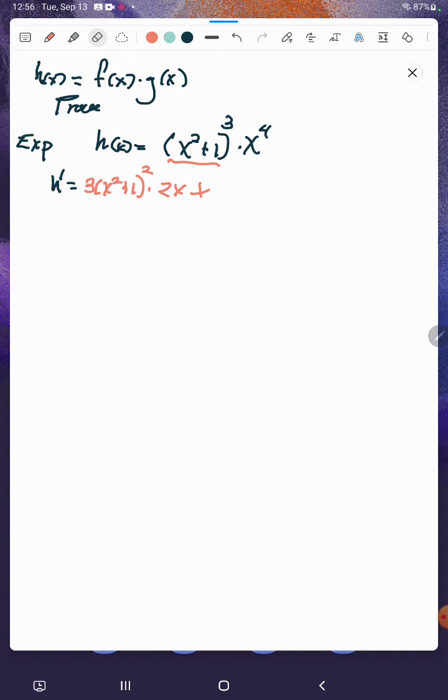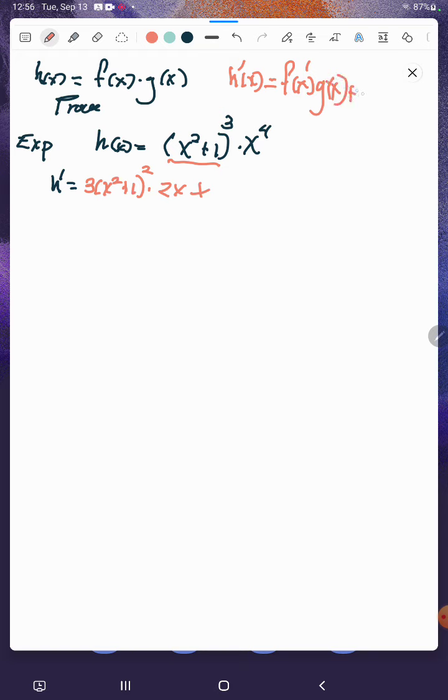Let me start over. So I'm going to go like this so that I have f of x. Now let me go back and start with h of x, which is the product of it. If I want to take the derivative, then I put that apostrophe there, meaning that it's the derivative of h of x. First I'm going to take the derivative of whatever f of x is, and then I'll leave that guy alone.